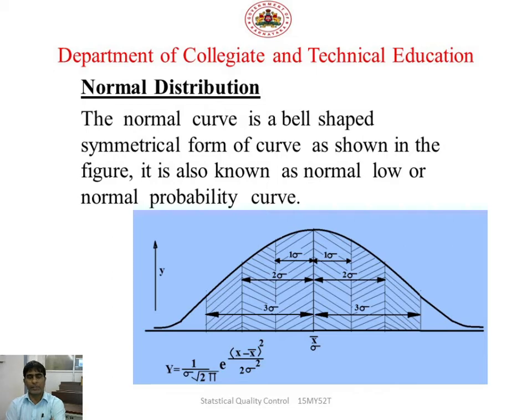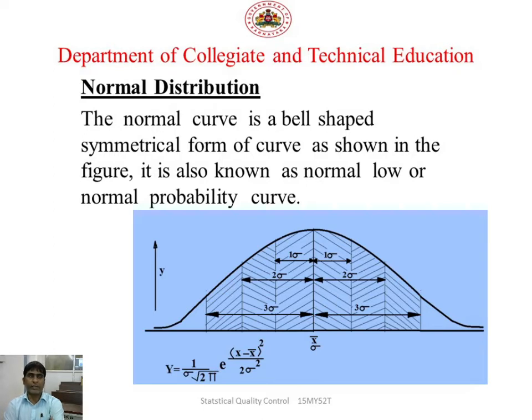It is symmetric about the mean. So it is also known as the normal law curve or normal probability curve.